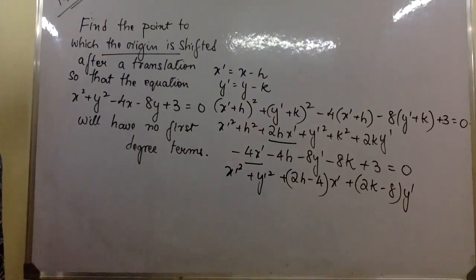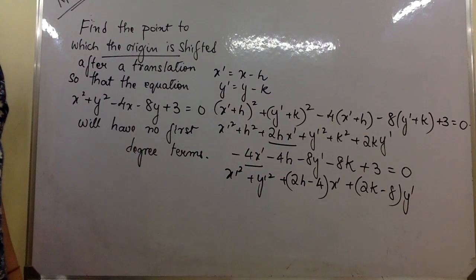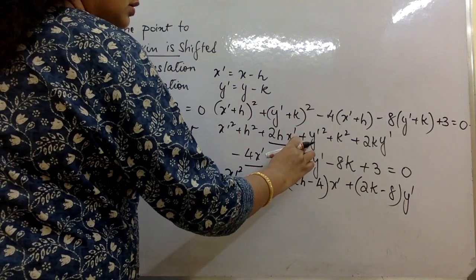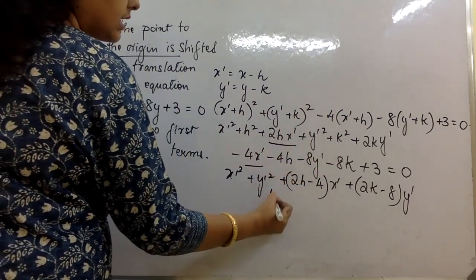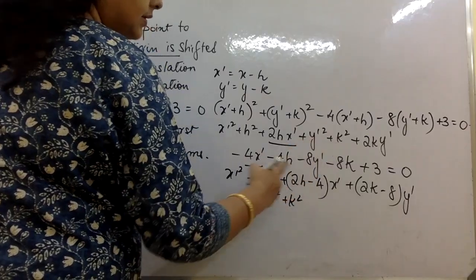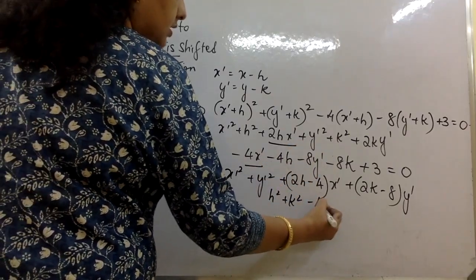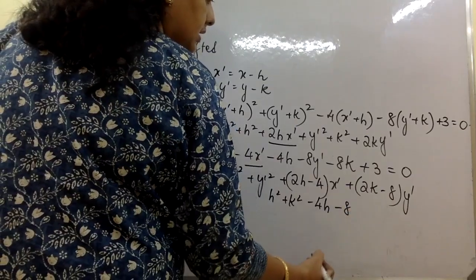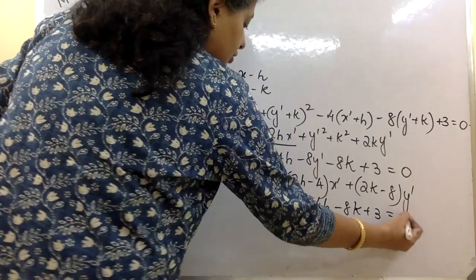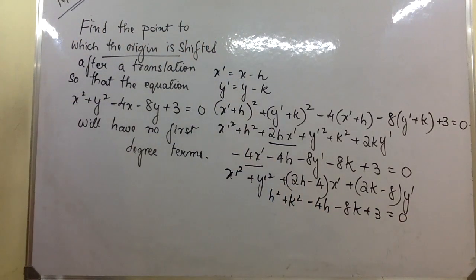I am left with h square plus k square, and then here 1 minus 4h minus 8k plus 3 is equal to 0.